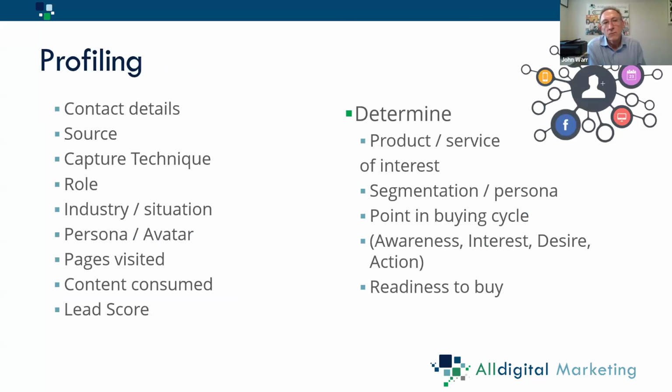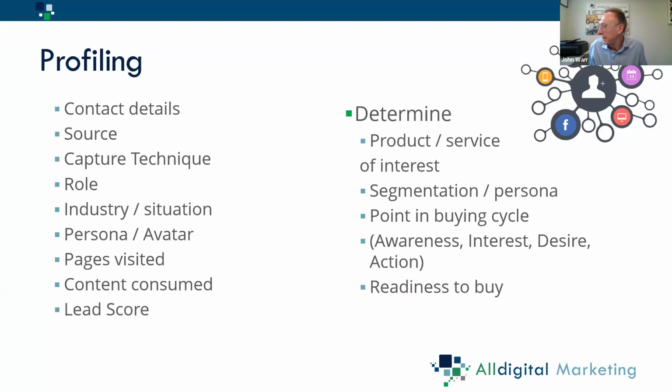So profiling. The second stage really is to start building a profile within your system. The reason you're doing your profiling is that you want to understand who the person is, where they are in the journey, and what you need to do to get them towards the point at which they will convert. So your profiling is going to start with the automatic, the standard stuff. What are your contact details?